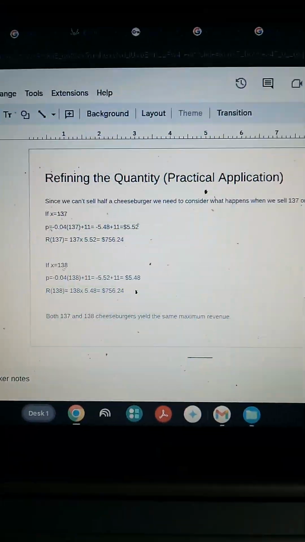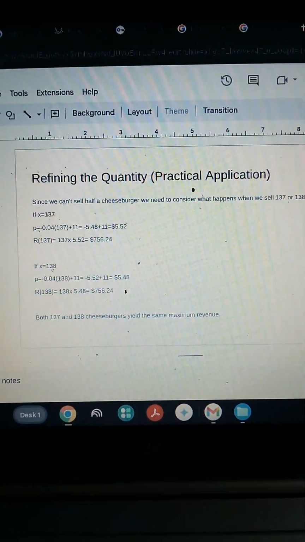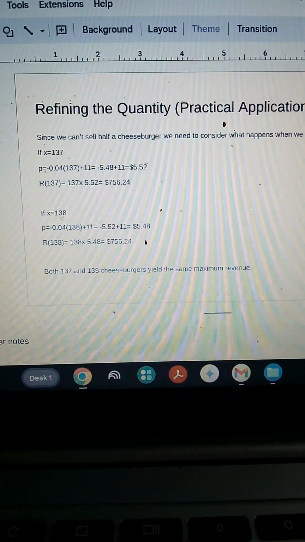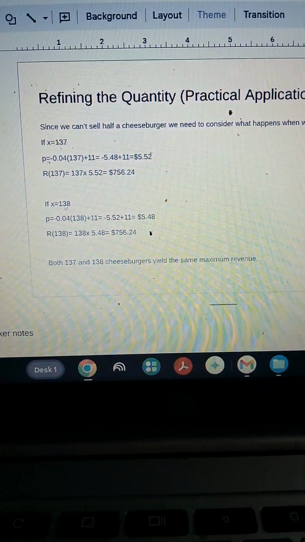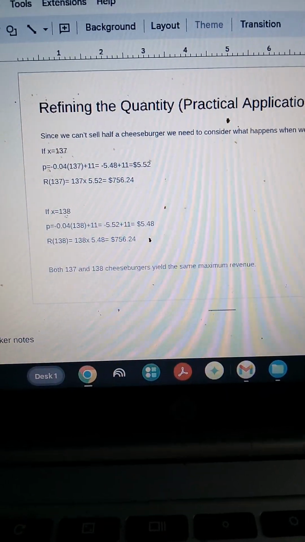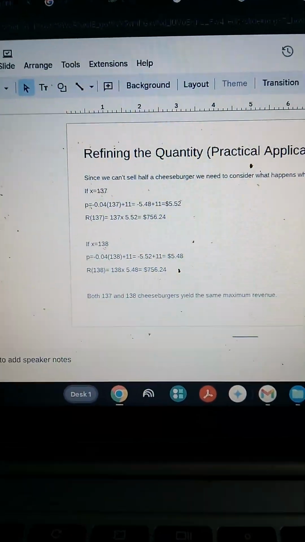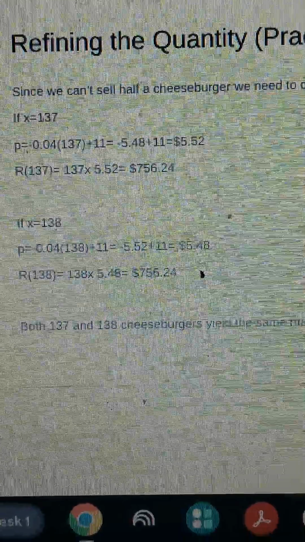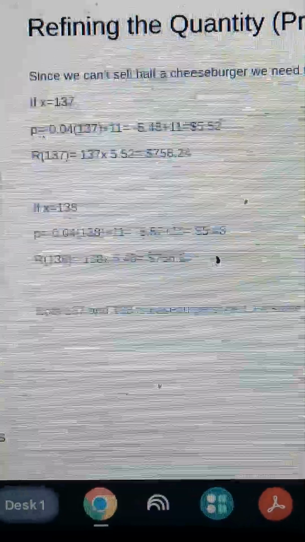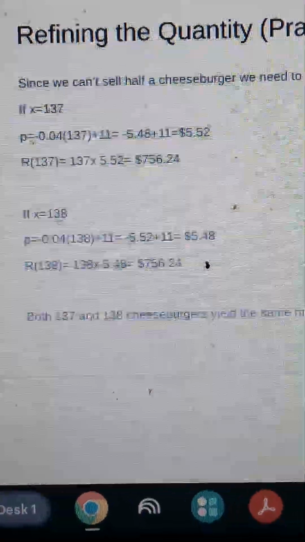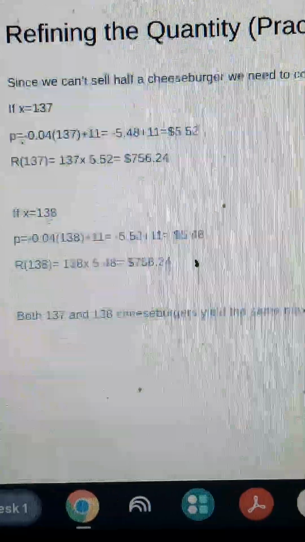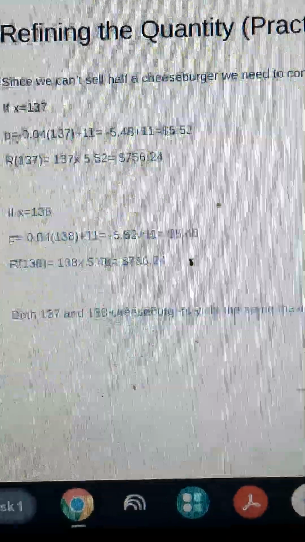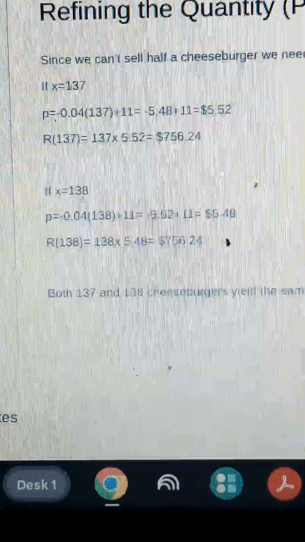Since we can't sell half a cheeseburger, we could plug in a solid 137, and we could plug in a solid 138 to the original revenue function. You see the math right there. 137 times negative 0.04 plus 11 equals negative 5.48 plus 11 equals $5.52.